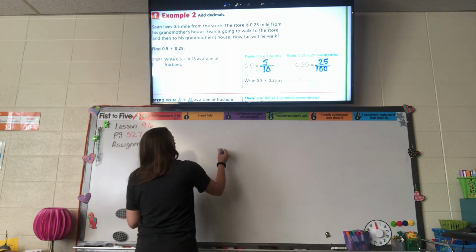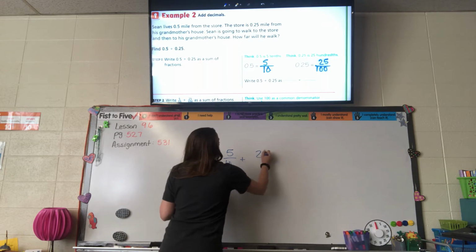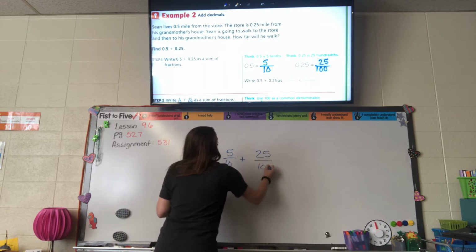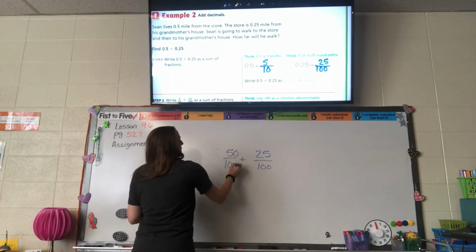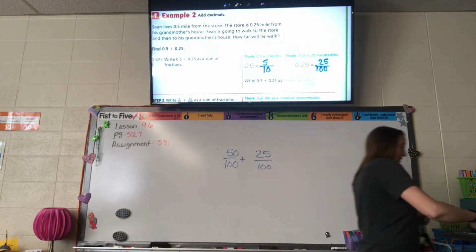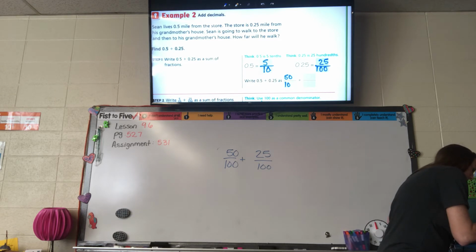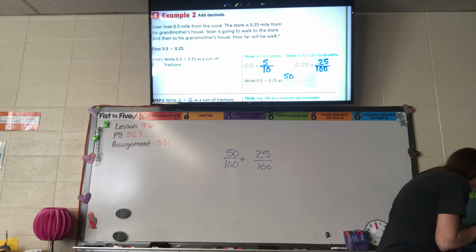We have 5/10 plus 25 hundredths. So we're going to have to add our zeros and turn that into 50 hundredths. So 50 hundredths, that kind of looks like a 6. Okay, 50 hundredths plus 25 hundredths.